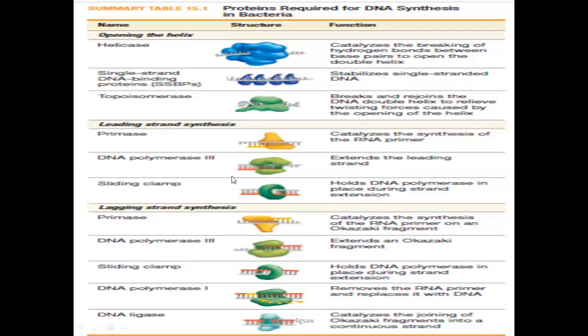And then we have DNA ligase, which is going to catalyze the joining of Okazaki fragments into a continuous strand. Then we have the sliding clamp. The sliding clamp simply holds the DNA polymerase in place as it is moving during DNA extension.